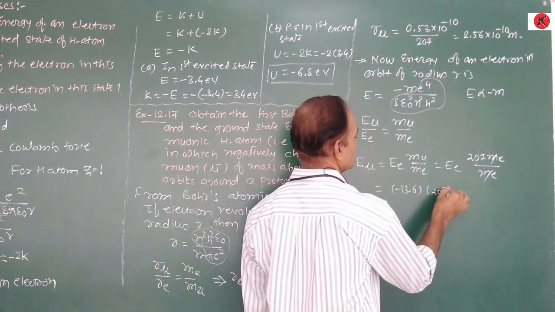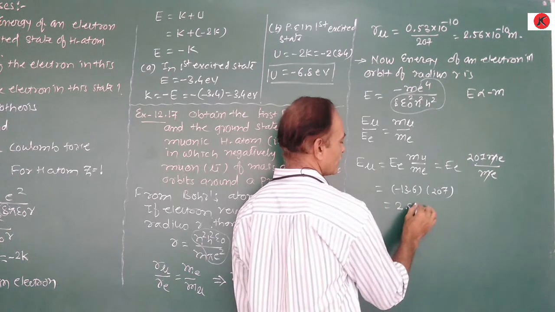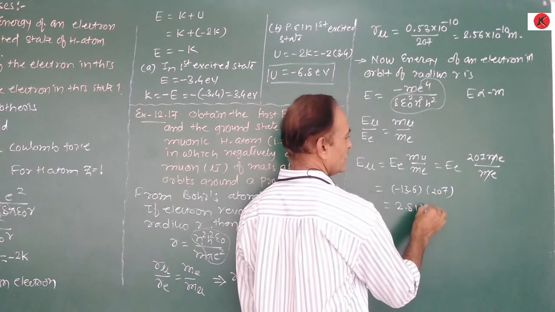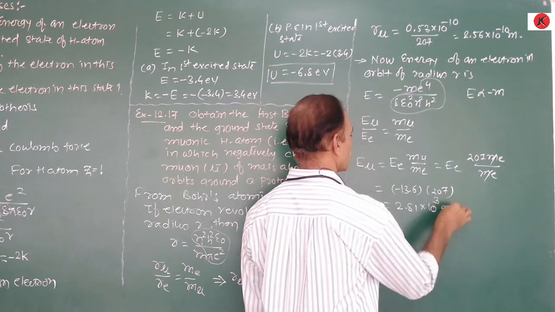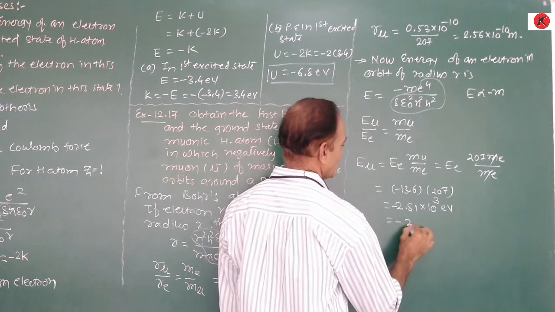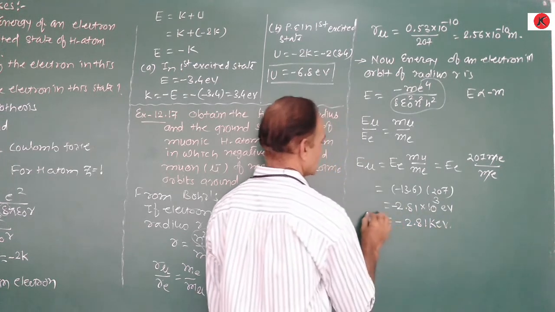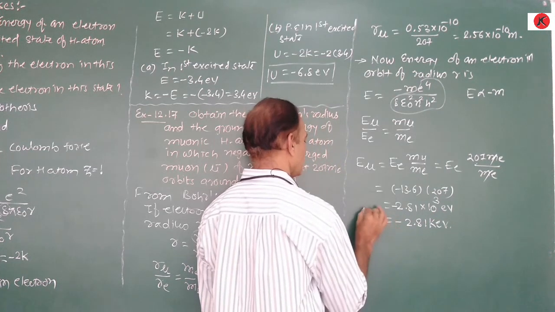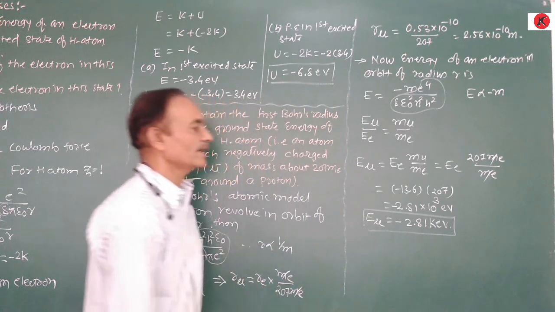Into 207, therefore, 2.81 into 10 to the 3 electron volt. That is negative, so it is equal to minus 2.81 kilo electron volt. That is the energy of the ground state of the muonic hydrogen atom.